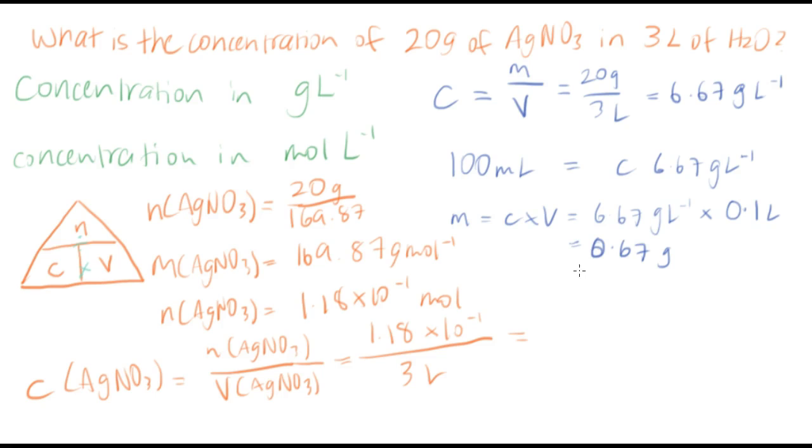So the actual answer is 3.92 by 10 to the negative 2 moles per liter.